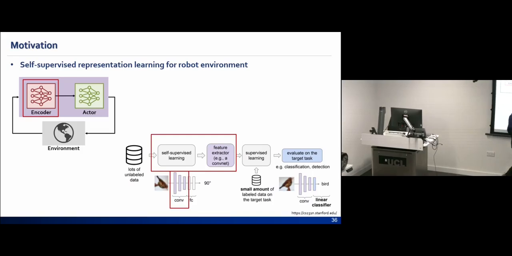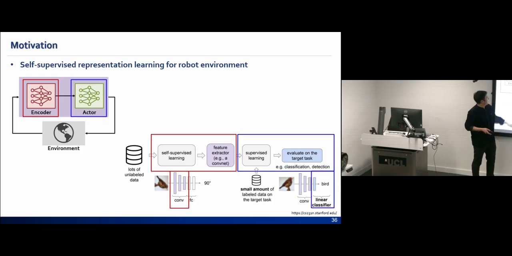Our ultimate goal of self-supervised learning is to train this feature extractor, to make the feature extractor smart enough to perform the target task. Somehow this one and this one are similar. And this actor and this part, the linear classifier, are also similar.